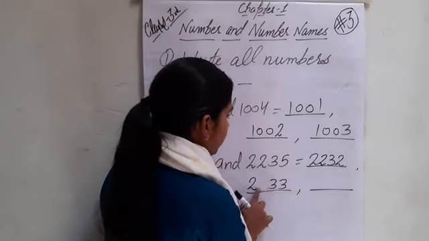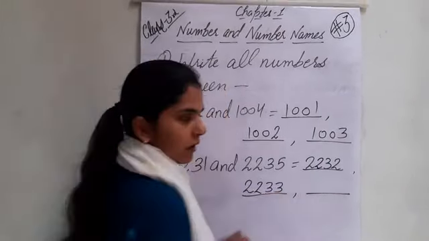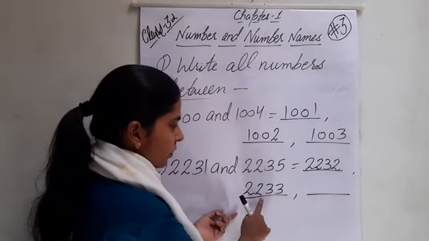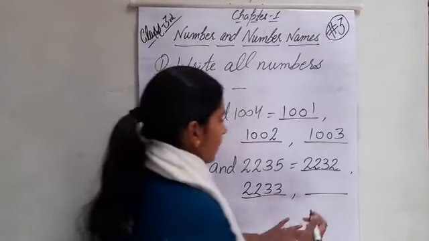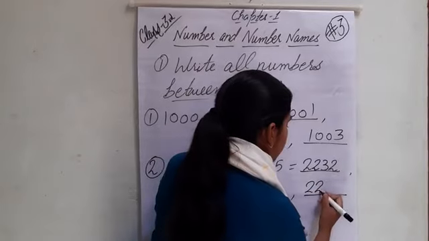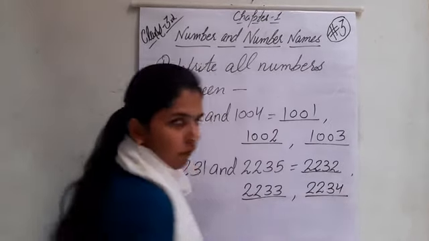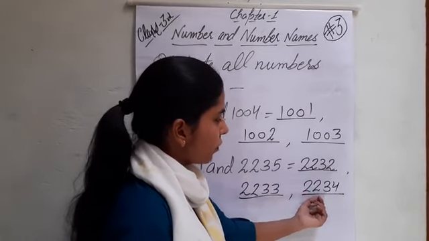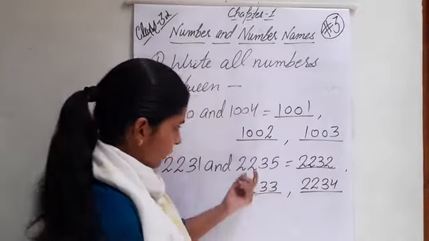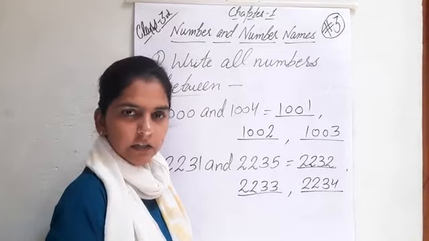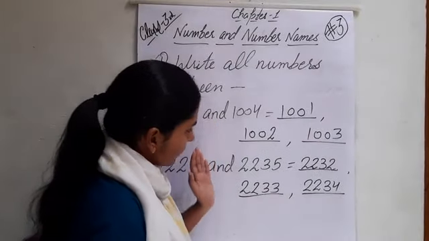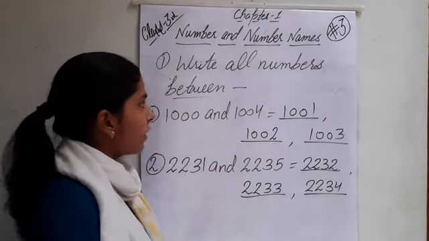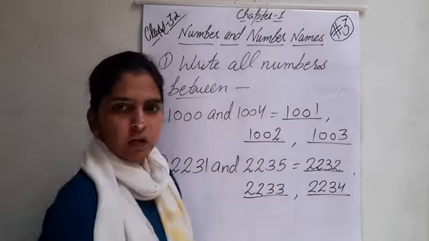This is 2232. This is 2233. Then 2234. And the next number will be 2235, which is already given there, right? So by following this method, you will write the numbers between two given numbers.